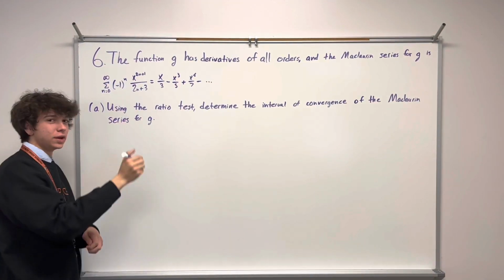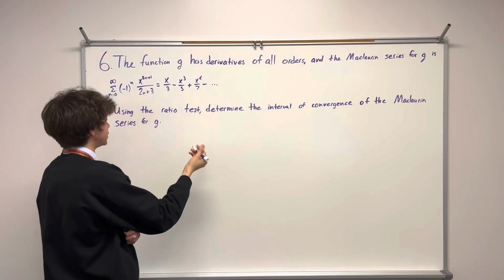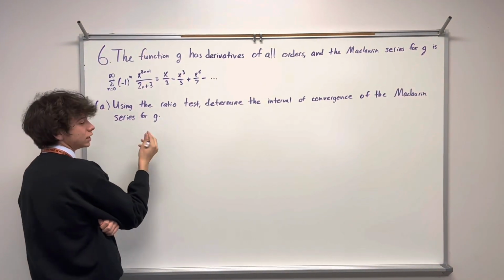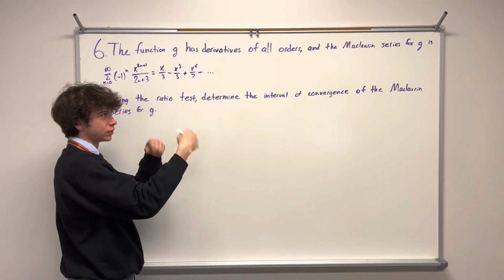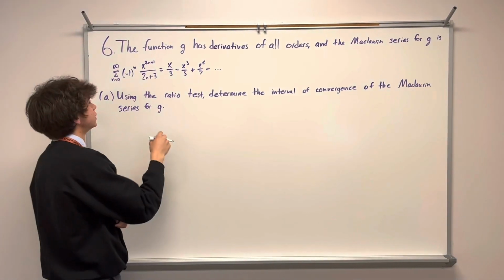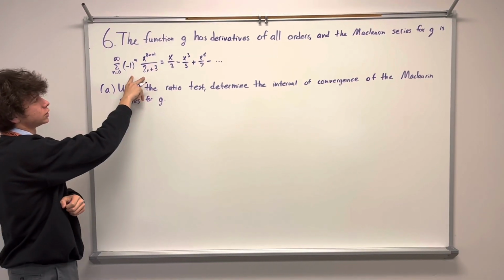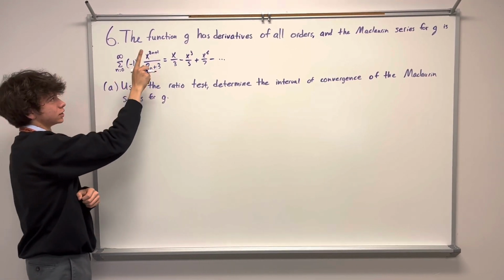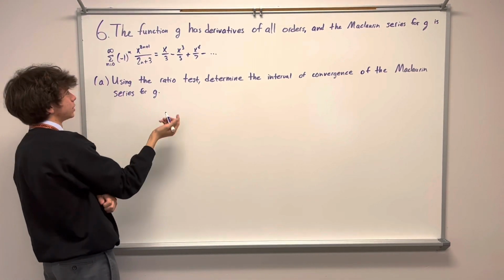This means we're going to do the n plus 1 term over the nth term, which is the same thing as writing the n plus 1 term times the inverse, or the flip, of the nth term. If we look at this equation, the first thing we see is that there's an alternator, so we can just go ahead and scratch that out. And now we have this right here, and we want to find the n plus 1 term.